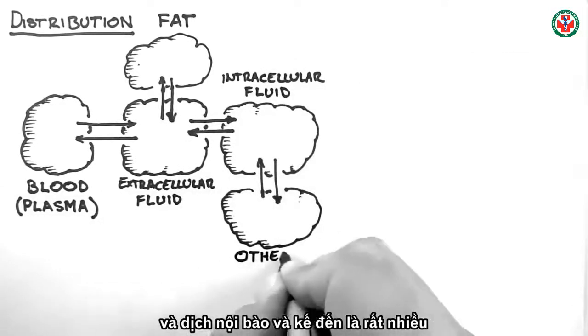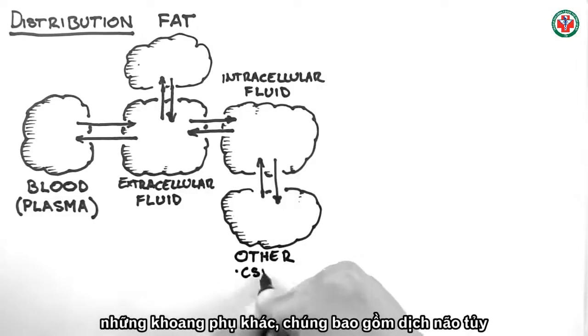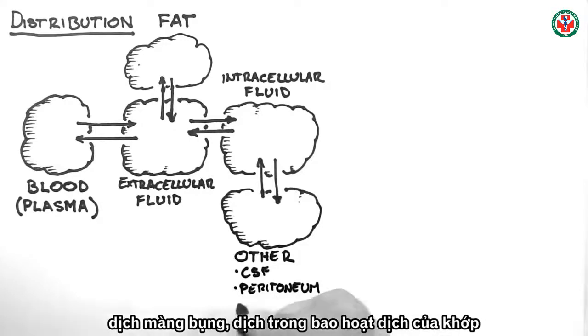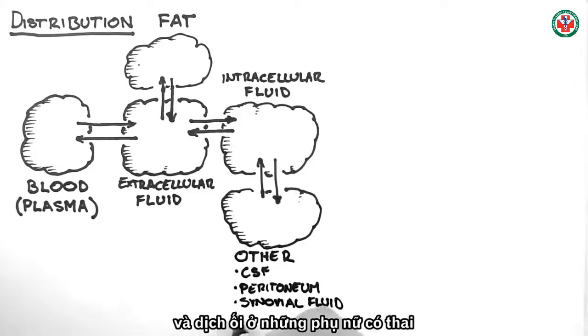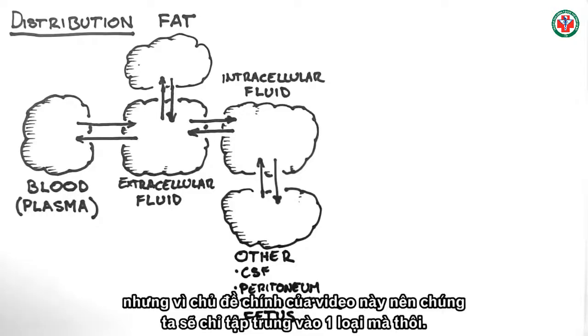Then there are numerous other minor compartments. These include the cerebrospinal fluid, the peritoneum, synovial fluid in joints, and the fetus in pregnancy. There are numerous others, but for the purposes of this tutorial, we'll consider these as one single compartment.